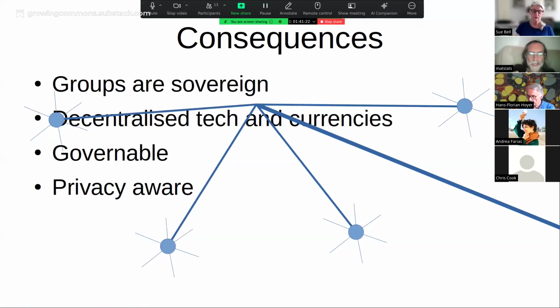And so what the Credit Commons offers is a way of trading between groups where each group retains absolute, I would say, sovereignty, which means they get to determine their own monetary policy, which means the rate of issuance and credit limits. They also get to determine their own privacy because it's not necessary to see into a group to be able to trade with it.